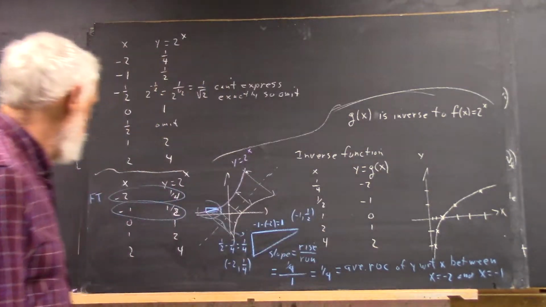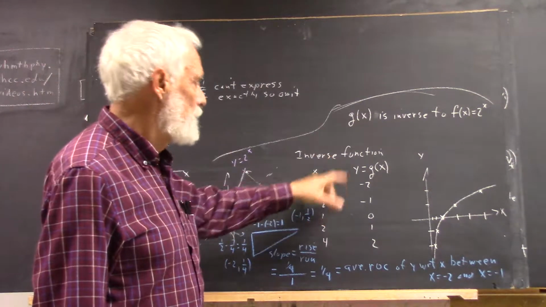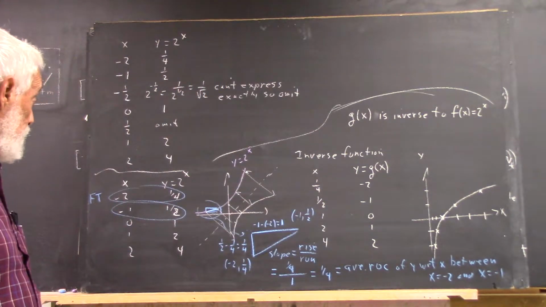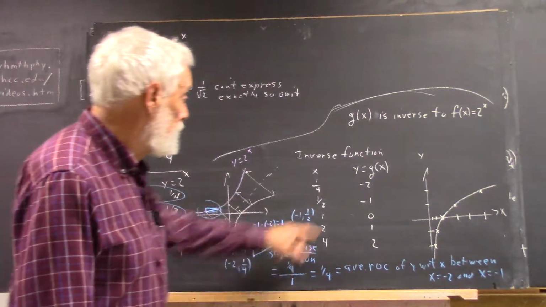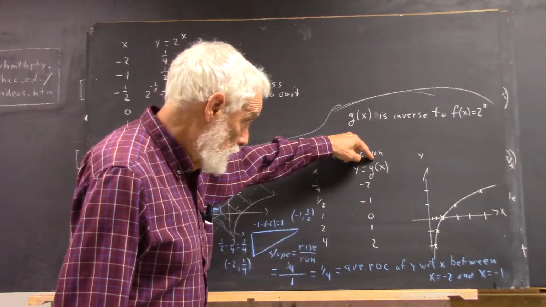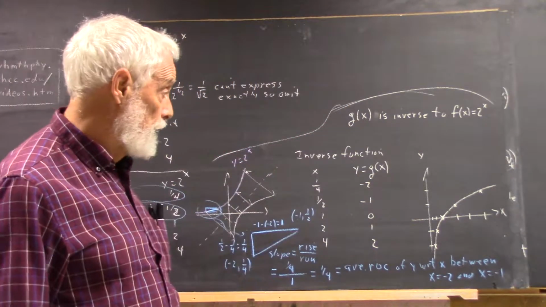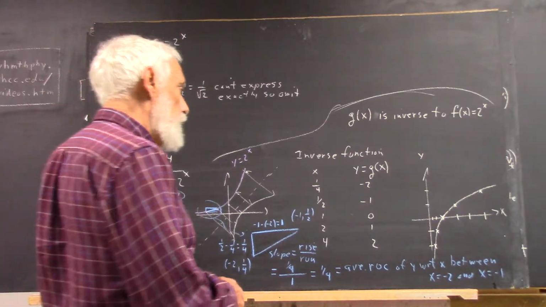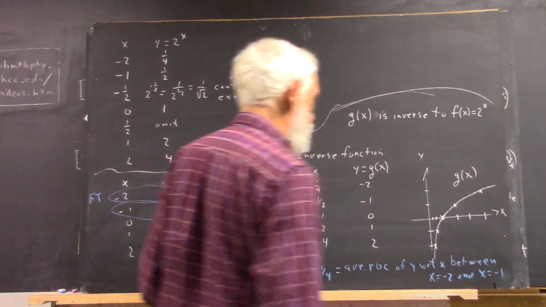The inverse function to this function is you can obtain a partial table of the inverse function just by flipping the columns, so that this becomes your x column and this becomes your y equals g of x column. Like the instructions said, let's call this y equals g of x just so we have something to call it. And when you do that, you get something that has a graph that looks like this.